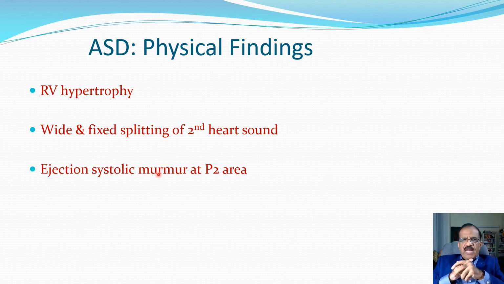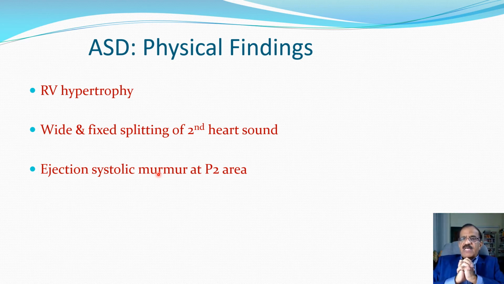And the third feature is the presence of an ejection systolic murmur, and this murmur is actually a functional murmur. The atrial septal defect itself does not cause any murmur because the pressure gradient is minimal and the flow from the left atrium to the right atrium does not cause much turbulence and does not produce a noise which could result in a murmur.